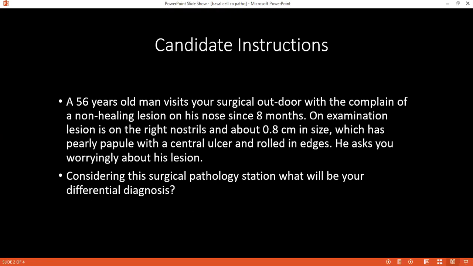Clark's level signifies the depth of invasion from the upper margin of the lesion till the complete depth of the invasion. Very good. Okay. Clark's level is important in what kind of lesions? In malignant melanoma. All right, good.